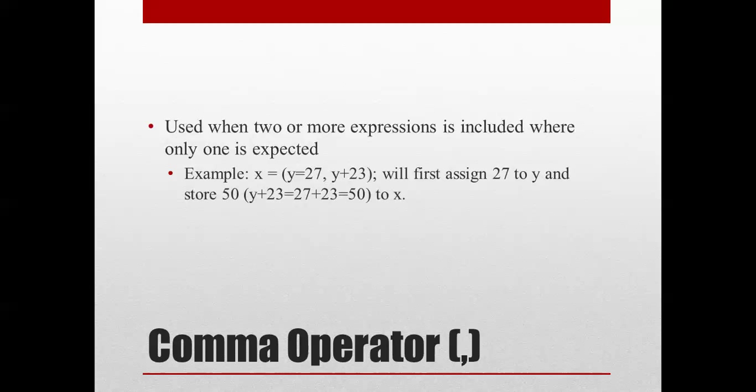For example, if you say x equals, and you say y equals 27 comma y plus 23, that will first store 27 into y, then add y with 23 and store whatever comes out of the answer to x. So x is going to have 50 in it. First it will store 27 to y, then add 23 to y, and then store it into x.